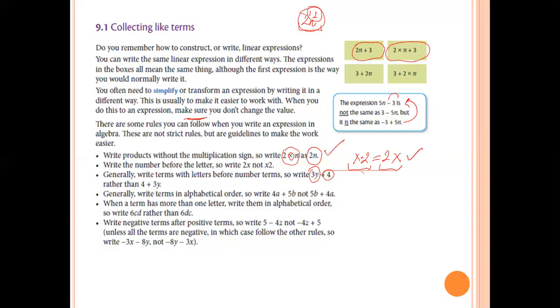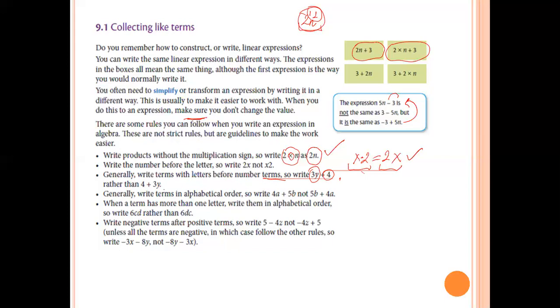But 3y may change its value, because when you put 1 in place of y, the result of 3y is equal to 3, and when you put, for example, minus 2 in place of y, the answer is minus 6. So we can write 3y plus 4, but also 4 plus 3y is equal to 3y plus 4. Generally, write terms with letters before number terms.